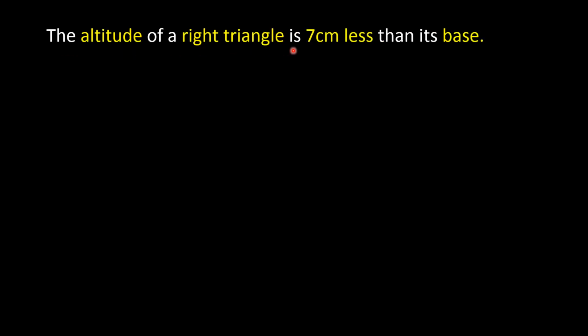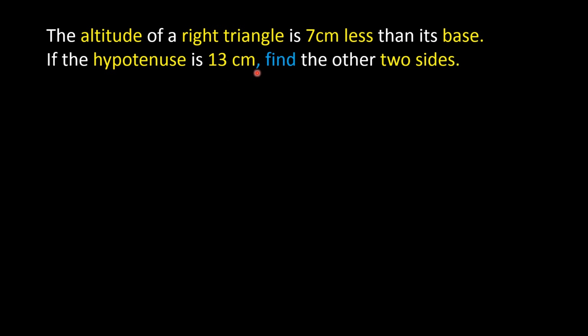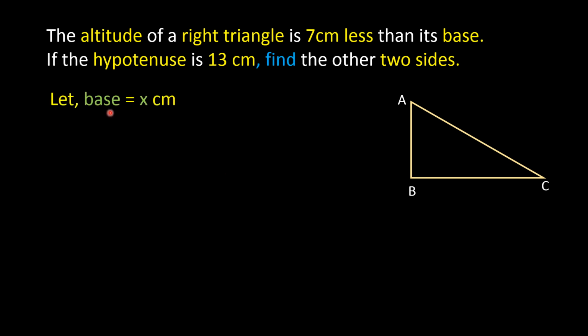Next, the altitude of a right triangle is 7 cm less than its base. If the hypotenuse is 13 cm, find the other two sides. Let us draw the right triangle, which is ABC and right at vertex B. Let the base of the triangle be x because here altitude has been expressed in terms of the base.